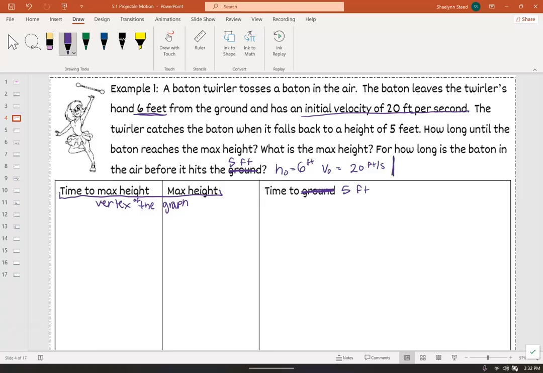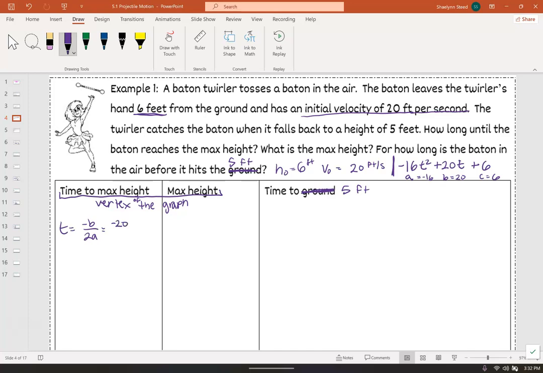So our equation is going to be negative 16 t squared, and then our v naught is going up, so it's going to be positive 20 t, and then our initial height is above ground, so we're going to say plus 6. Alright, so then a is negative 16, b is 20, and c is 6. So if we want our time, it is going to equal negative b over 2a.